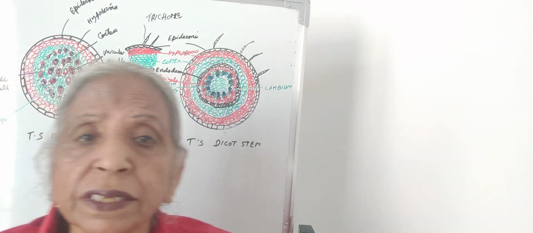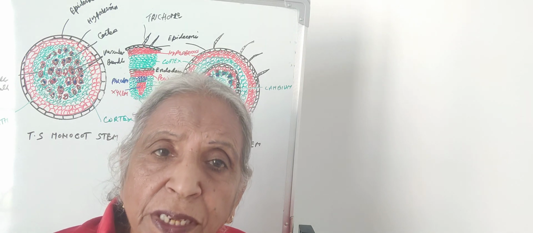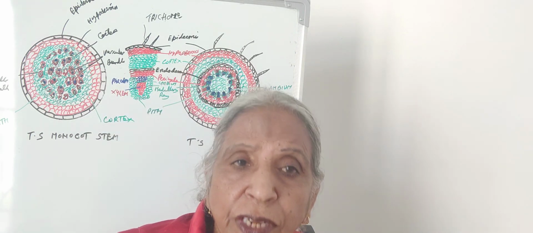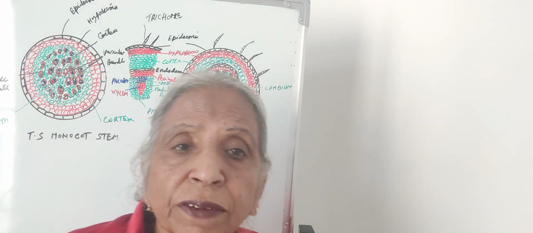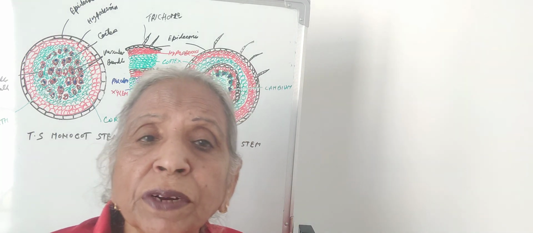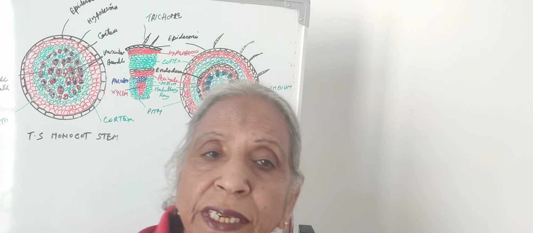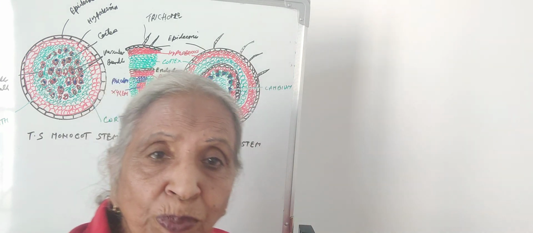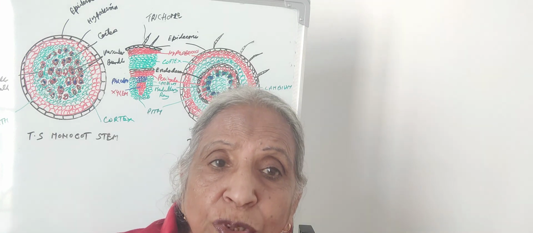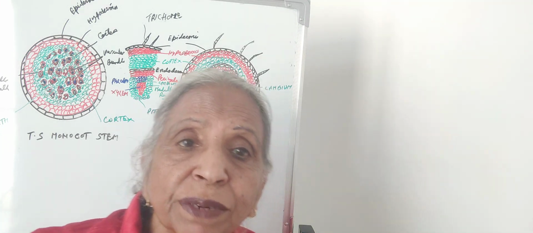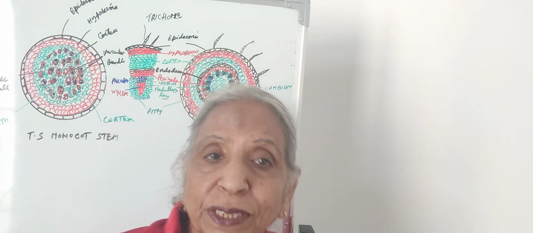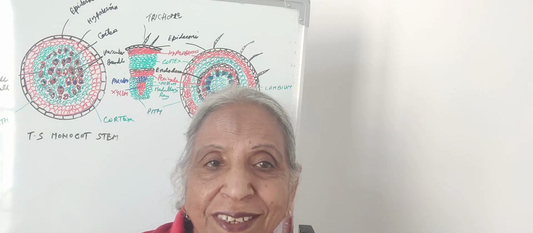The cork cells and the cells added towards the inside are called the phelloderm. Phelloderm and phellogen together are called the periderm. So the girth of the plant is added by the vascular cambium, and protection is provided by the cork cambium. It also adds to the girth of the plant.